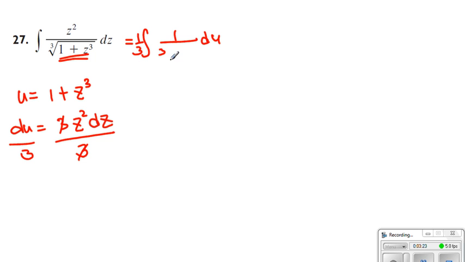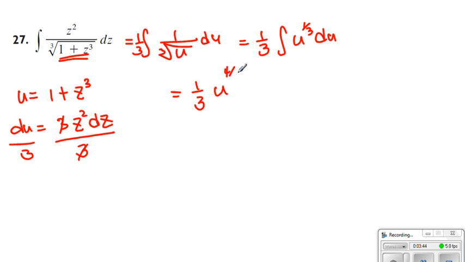Now cube root of u was the inside value. If I were to rewrite this one, I'll end up getting 1/3 and u to the 1/3 power du. Now taking the antiderivative, we end up having 1/3 times u to the 4/3 over 4/3 plus c.